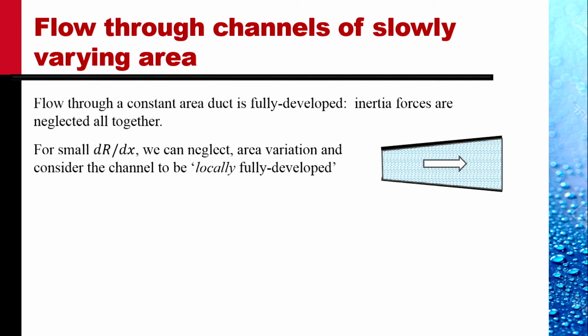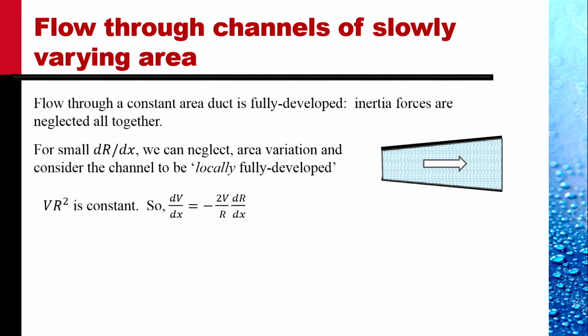If dr by dx is small, we can definitely neglect area variations and consider the channel flow to be locally fully developed. But how small should that dr by dx be for this to be considered small so that we can make this approximation? Let's find that out.